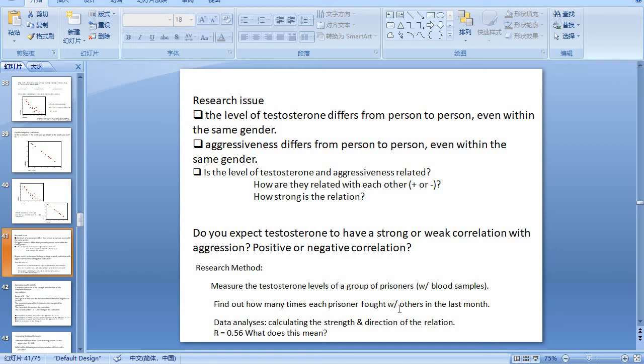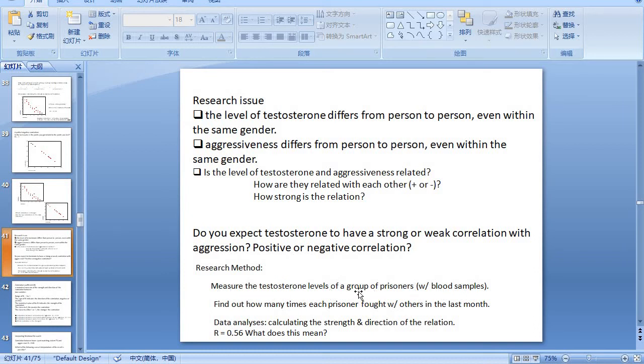So in order to complete this study, you need a sample of individuals, and you measure them on 2 variables. You measure each individual's testosterone level, and you measure his or her aggressive level. For example, you can take blood.